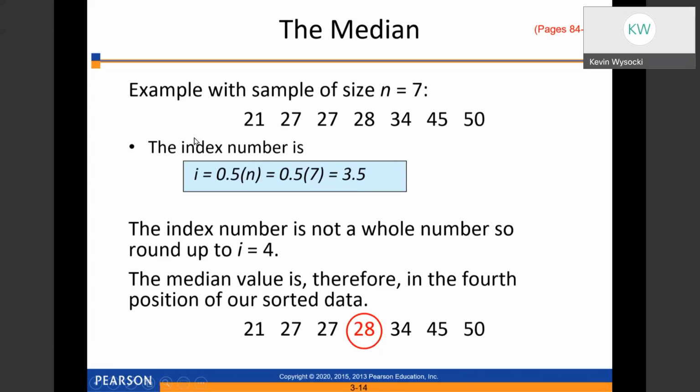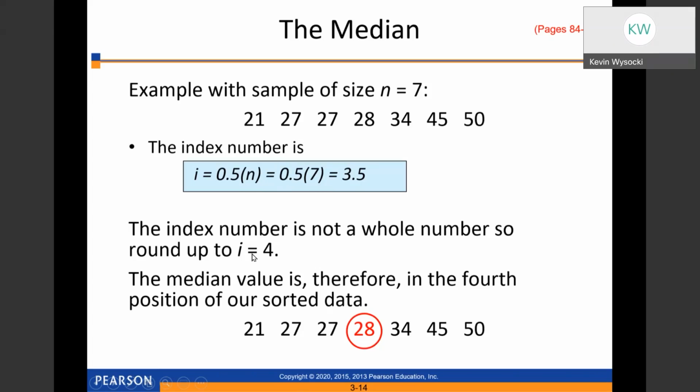The first one we'll look at is if you have an odd number of data points, so n equals 7. You'll notice the data is arranged in ascending order from smallest to largest. To find the median, we go 0.5 times n, and we get 3.5. Because it's not a whole number, we round up. So i would be equal to 4.